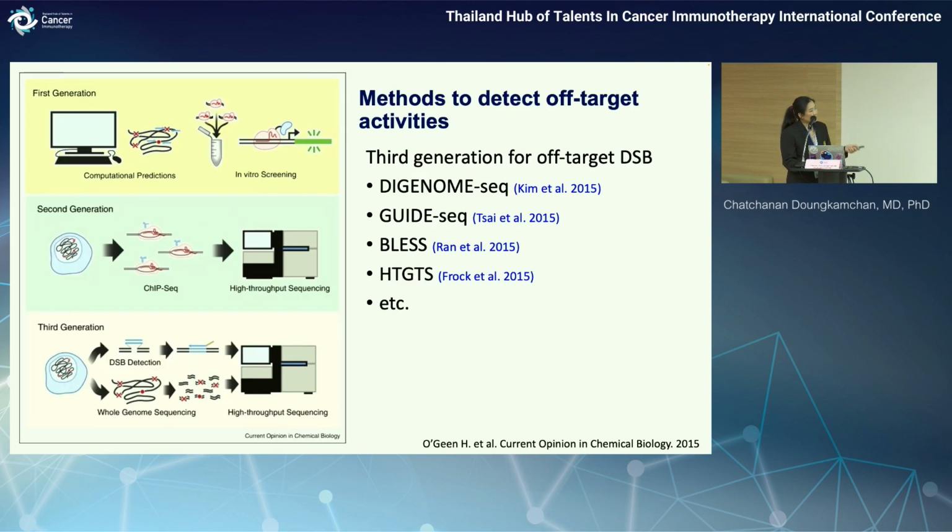And so after we do the CRISPR-Cas9 with our cells, how are we going to detect the off-target activity? These are the first generation, second generation, and third generation. At the beginning of my PhD training, not so long ago, 7 years ago, we were still using this first generation.